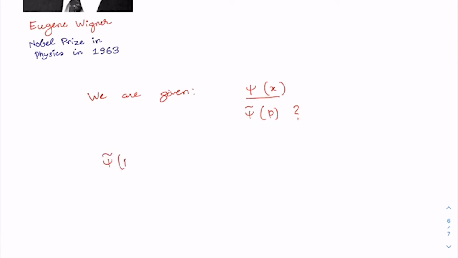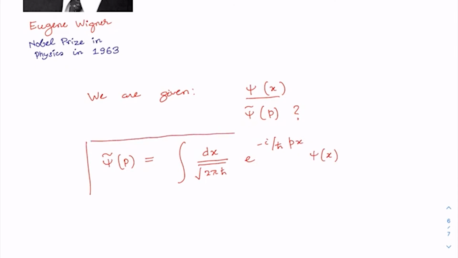So psi tilde of p would be equal to, and I'm sure all of you are familiar with this, the integral of e to the power minus i by h cross p x times psi of x. If you take the Fourier transformation, mathematically speaking, you will be able to get the momentum wave function from the position wave function, or if you take the inverse Fourier transform, you will be able to get the position wave function given the momentum wave function.